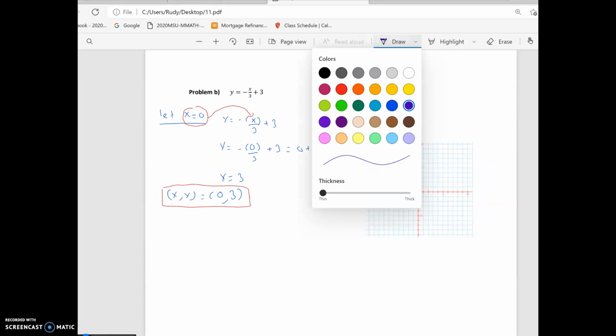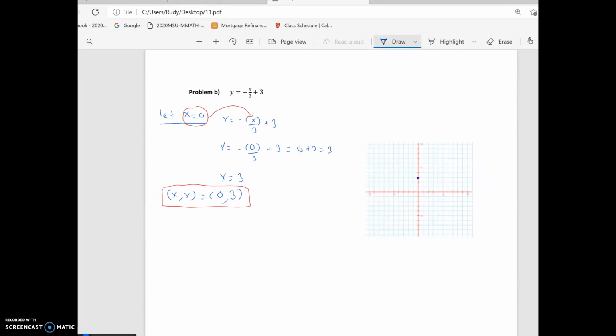Let me select another coordinate point that's going to be easily divisible by 3. In this case, the value of 3, which is going to give us y equal to negative 3 over 3 plus the value of 3, or negative 1 plus 3, which is 2.